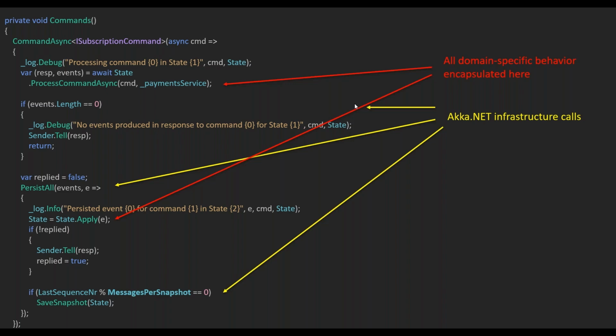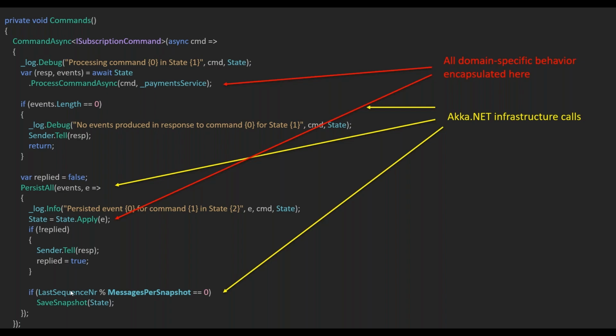So in this case, I'm checking to see, okay, if we tried to process this command, and if for whatever reason that command didn't produce any events, we can do an early return right here and just tell the sender what the result was that we processed. If we did produce some events, we're going to go ahead and persist those. That's how we make this actor state durable and reentrant.